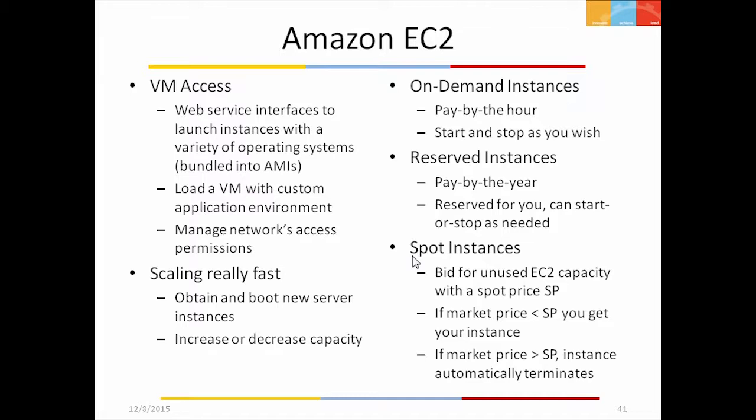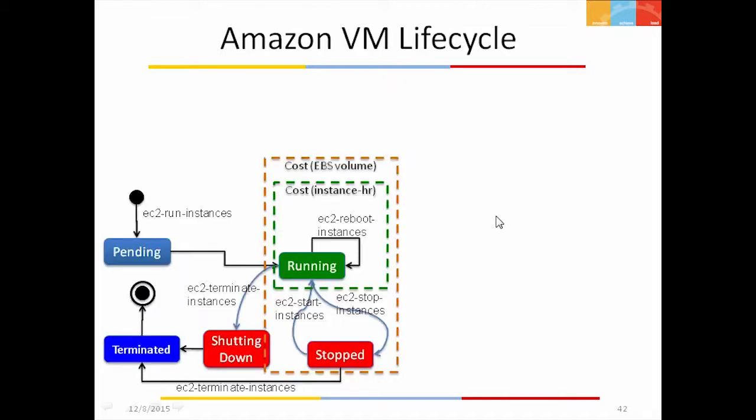If the market price is less than the spot price that you have bid for, then you will get your instance. However, when the market price goes up and exceeds the spot price, your instance will be terminated. Let's look at the Amazon VM lifecycle.